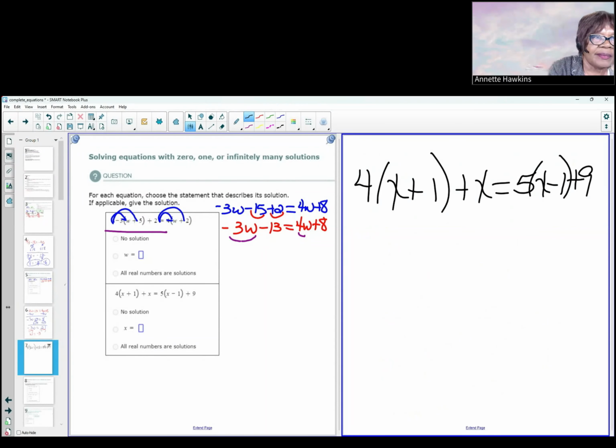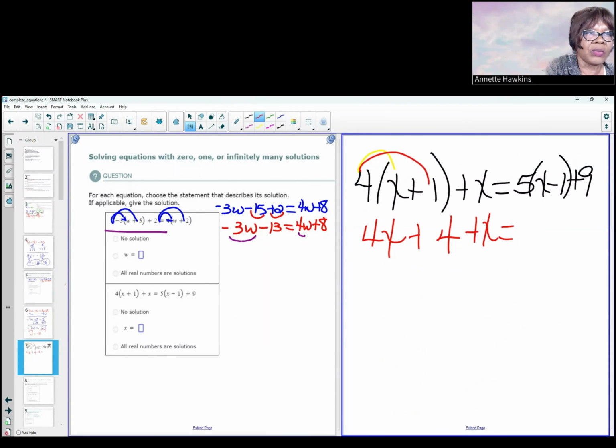Let's do that. So that's 4x plus 4 plus x equals 5 times x minus 5 plus 9.